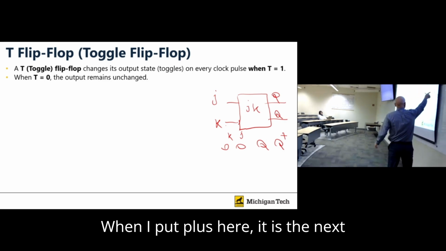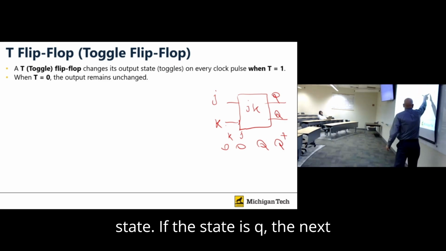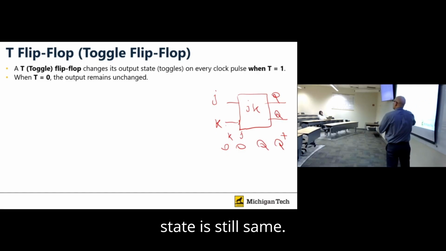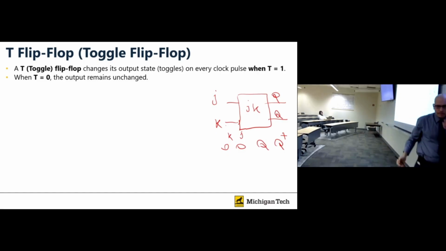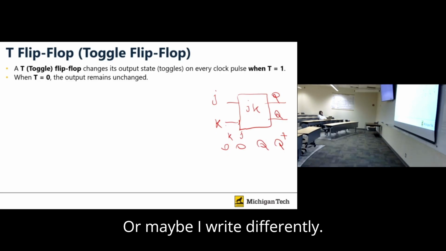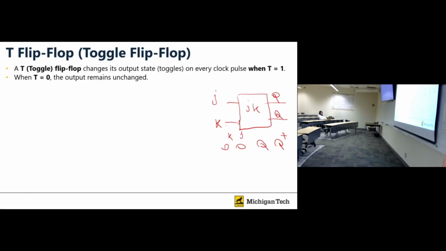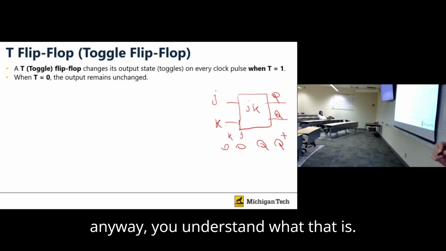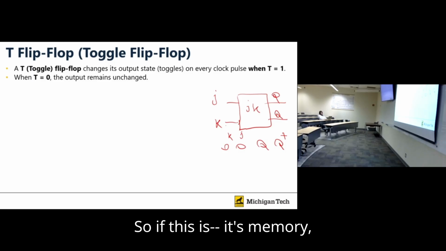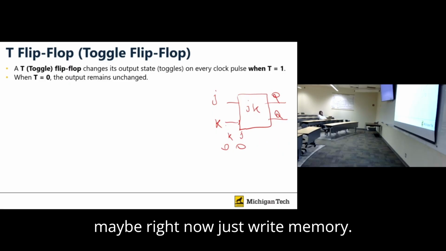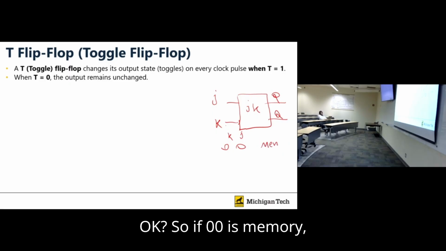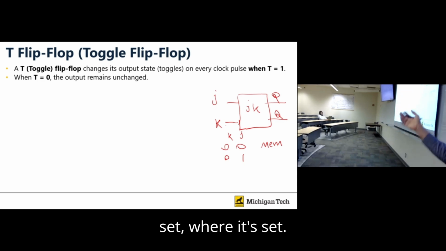When I put plus here, it means the next state. If the state is Q, the next state is still the same. Anyway, you understand what I'm saying. So 0, 0 is memory. If it's 0, 1, J acts like a set.